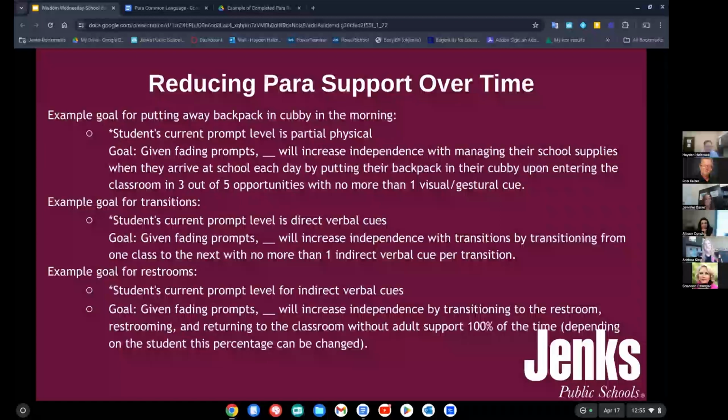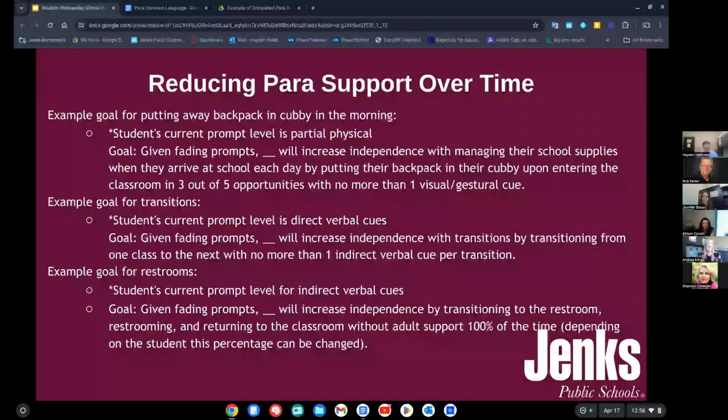Okay. So the student has qualified for para support. Now what? Like Dr. Baker said, our ultimate goal is to provide that student with the support that they need at the time and write goals to address those needs to help them become more independent.